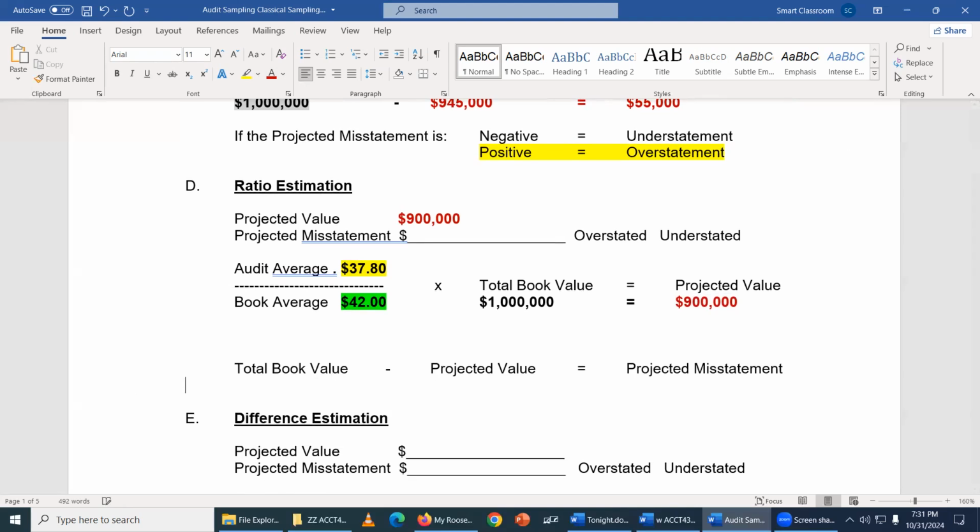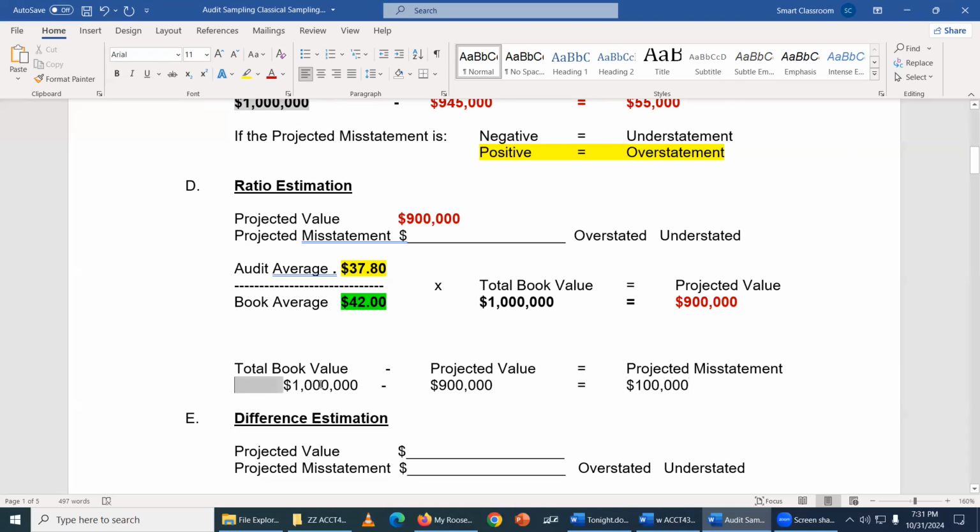Okay, so our book value is the same, a million, minus 900,000, so 100,000.